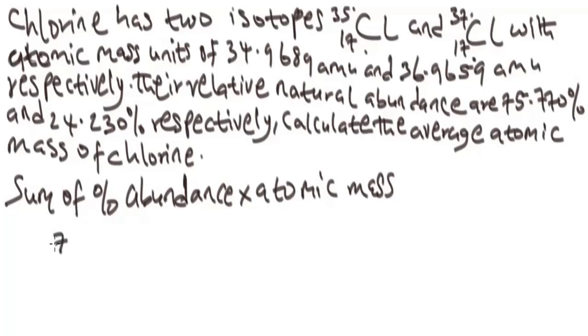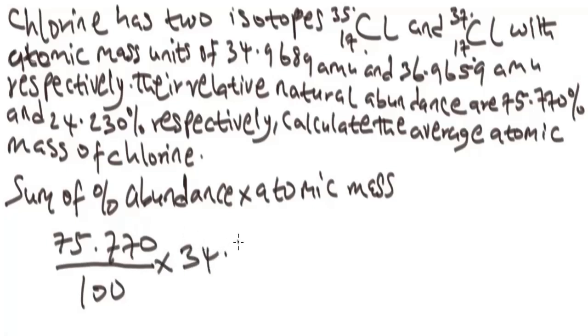We have them to be 75.770 over 100 times 34.9689 over 1, plus. So this 75.770 over 100 is for the atom whose mass number is 35, and the atomic mass is this 34.9689, then plus this number.